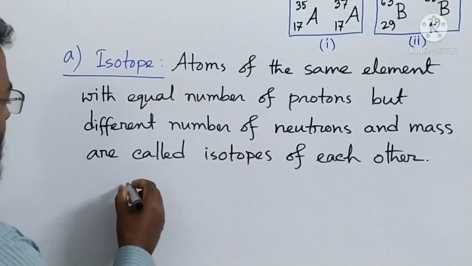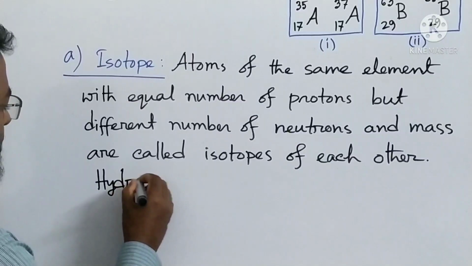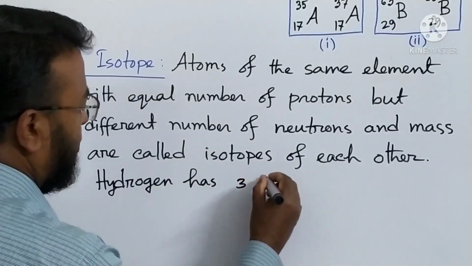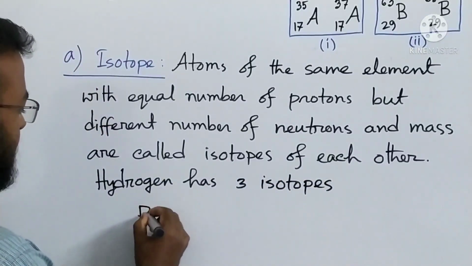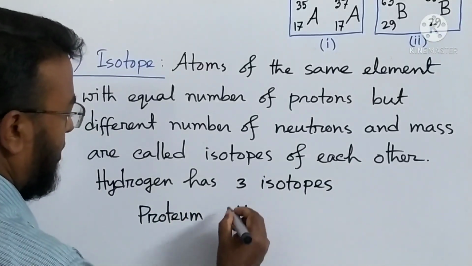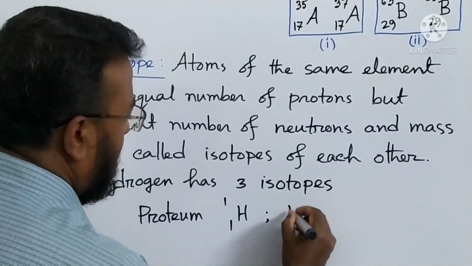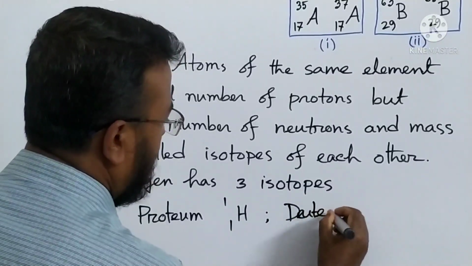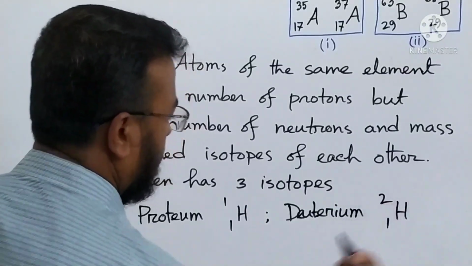For example, hydrogen has 3 isotopes. Protium, it is hydrogen, atomic number 1, mass number also 1. Then deuterium, it is hydrogen, atomic number 1, mass number 2.